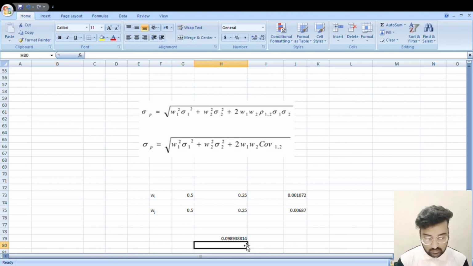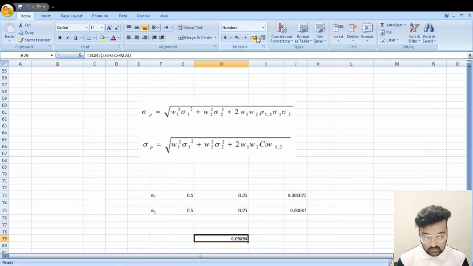Now enter. As you see on the screen, we get the standard deviation of the portfolio for both companies. I hope you understand this question.